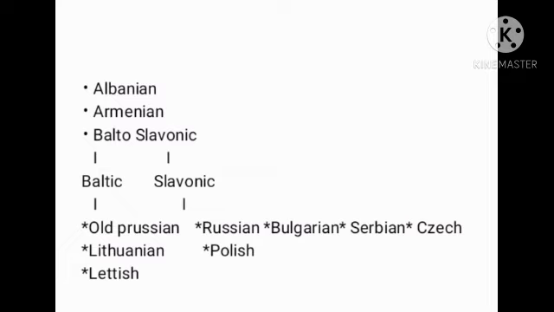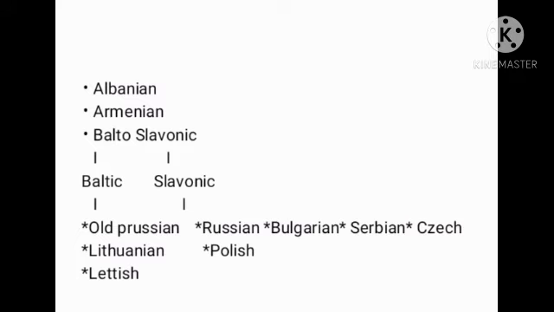Next, Armenian. Armenian is heard in a small area south of the Caucasus Mountains and the eastern end of the Black Sea. There is considerable Armenian literature, chiefly historical and theological. And finally, Balto-Slavonic. Balto-Slavonic falls into two groups, Baltic and Slavonic.